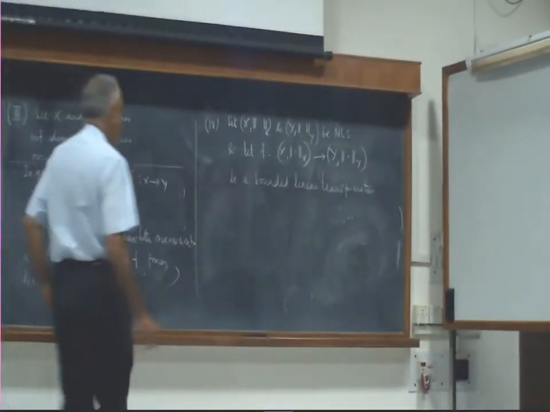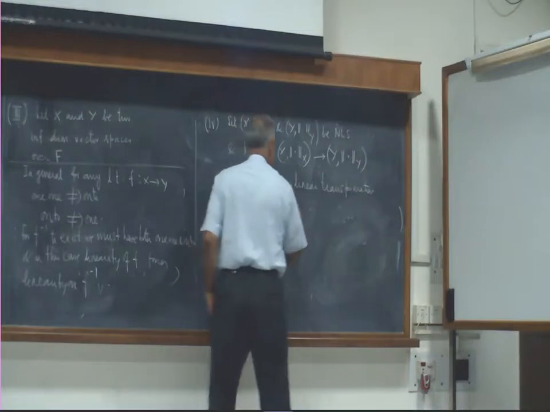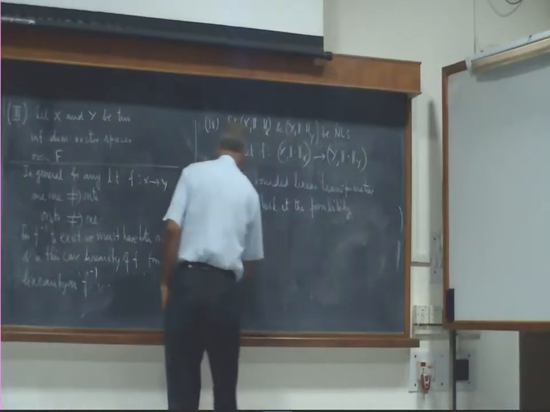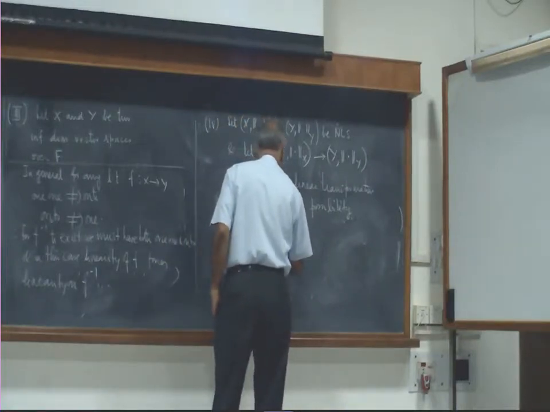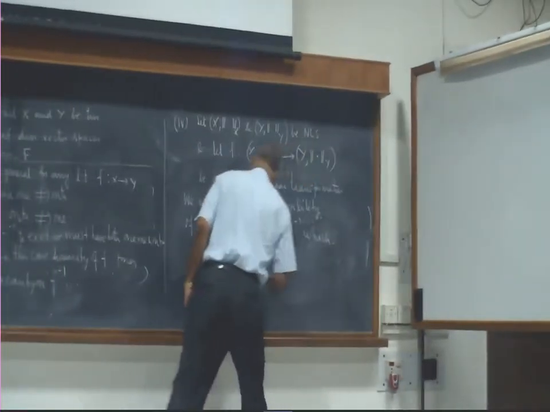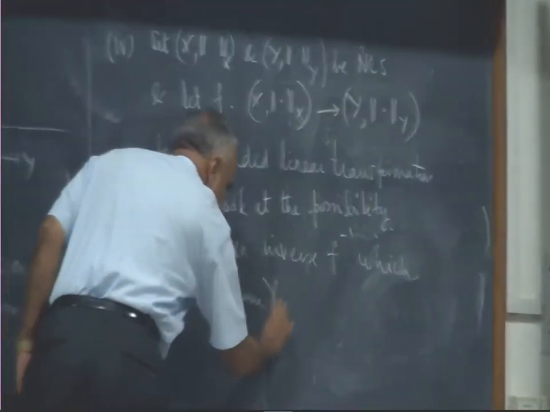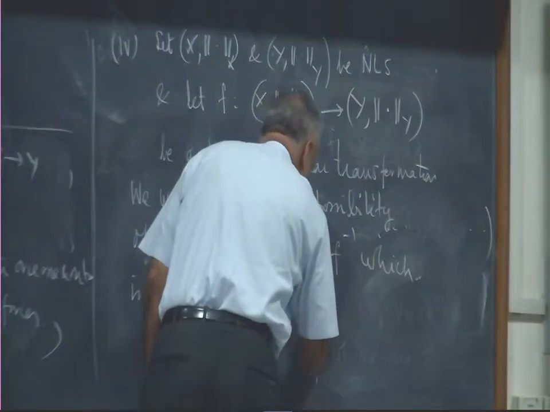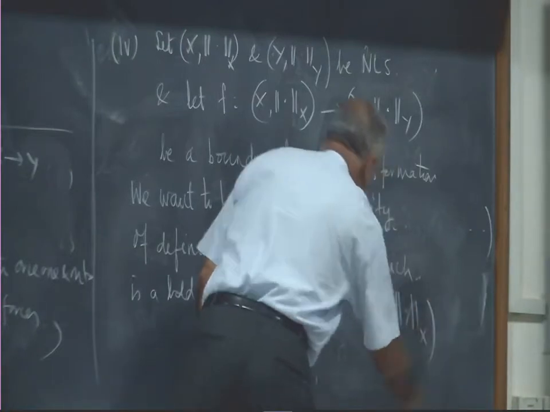So we want to look at the possibility of defining an inverse, F inverse, which is a bounded linear transformation, now from Y to X, or I should write the two normed linear spaces, from (Y, ‖·‖) to (X, ‖·‖). The inverse must go that side.